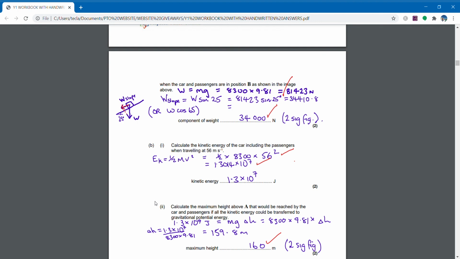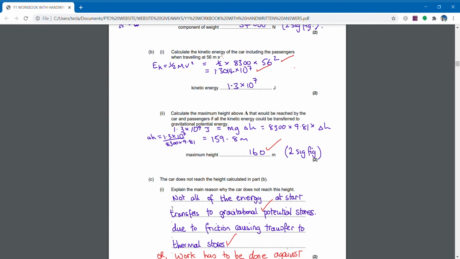B part 2, calculate the maximum height above A that would be reached by the car and the passengers if all the kinetic energy could be transferred to gravitational potential energy. So we're saying that all of that kinetic energy, 1.3 times 10 to the 7, is going to be transferred to GPE, so that is equal to mg delta h.